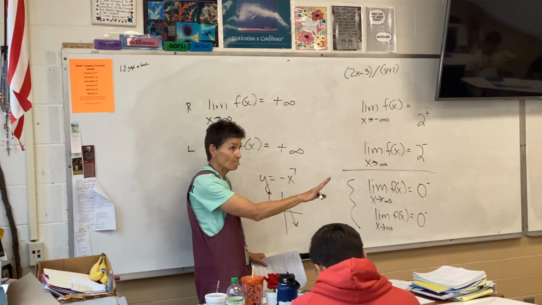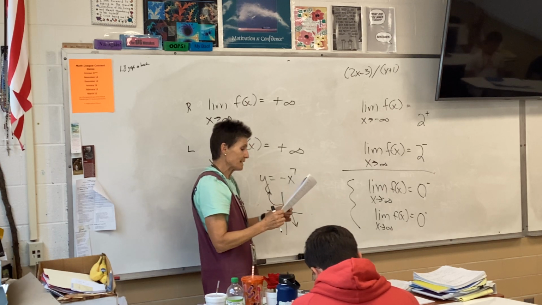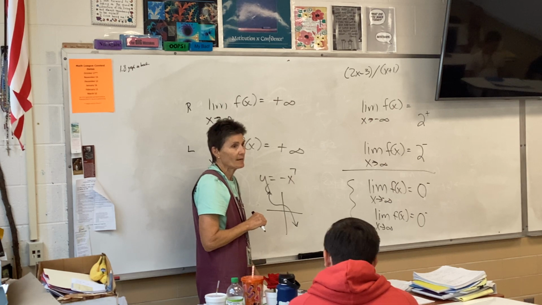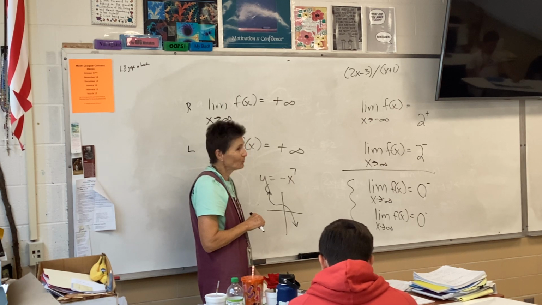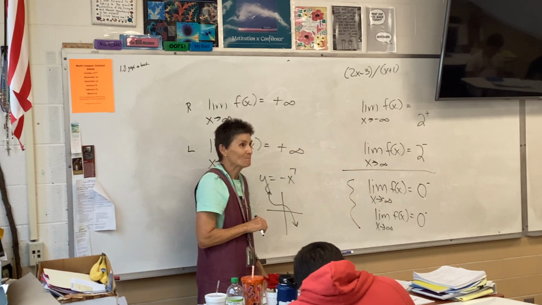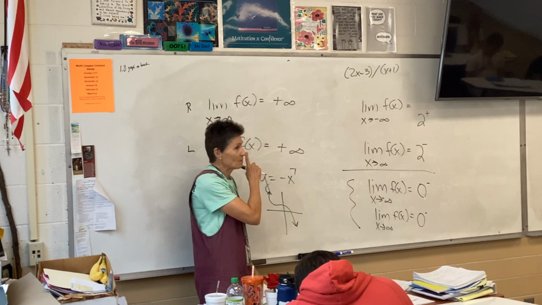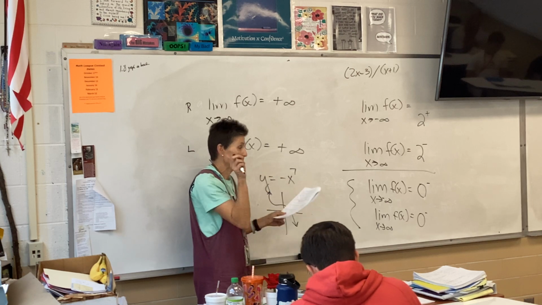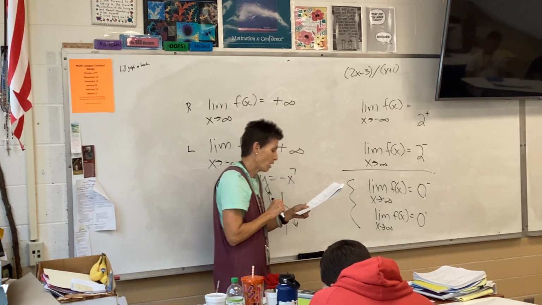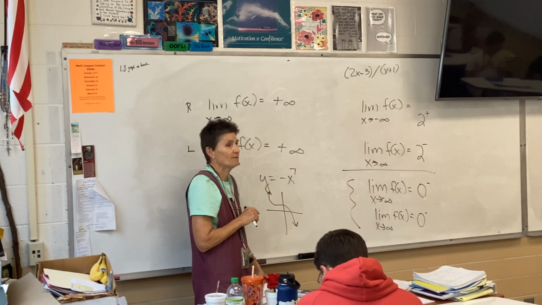Everybody okay with that? All right, so what if I stick a negative x to the 8th on there? Will that change the end behavior? Absolutely, because then it becomes even degree, and then it's not gonna be one side up and one side down, so definitely that one changes it. What if I stick into the middle of the problem a negative 3x to the 5th?